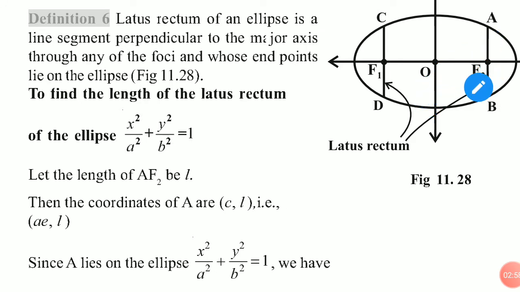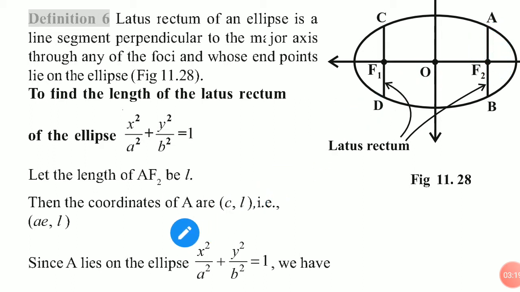The x coordinate is OF2, and OF2 is always equal to C. The coordinates of F2 are (C, 0), so the distance OF2 is C. So the coordinates of A become (C, L), where L is the y coordinate.